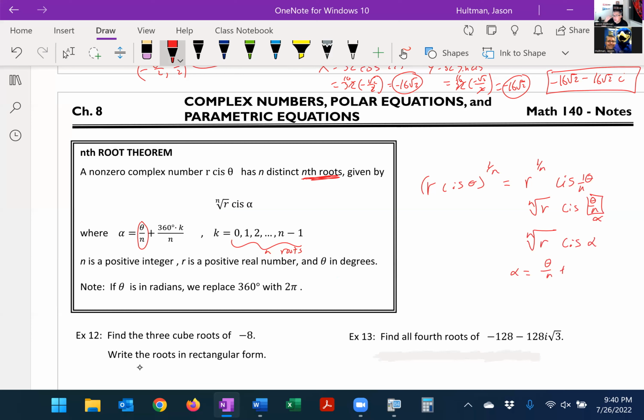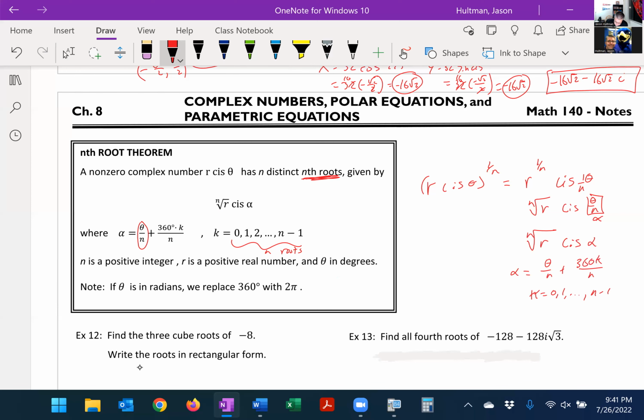We're dividing theta by n, but every partition in that angle is going to have a value. So this is plus 360 times k, all over n. Instead of cycling every 360 degrees, it's going to cycle every 360 over n degrees, where k equals 0, 1, and so on up to n minus 1.